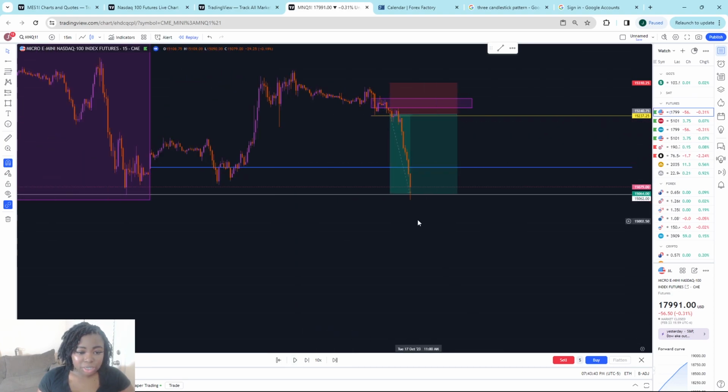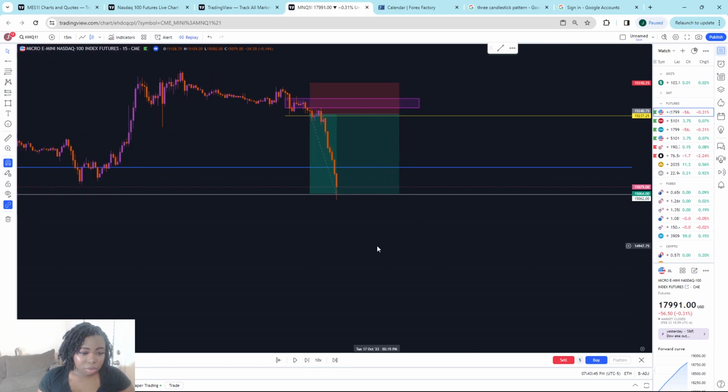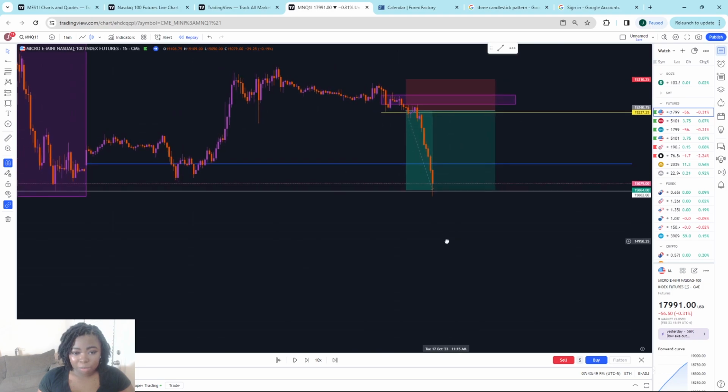And as you can see, this was a pretty decent trade. I mean, it played out in my favor. Like I said, I went on the daily time frame first, and we marked out the third candle's swing low, and we also marked out the fourth candle's opening.